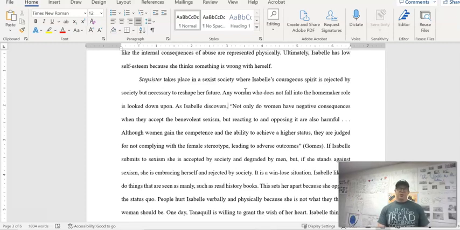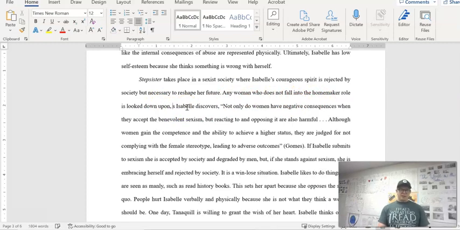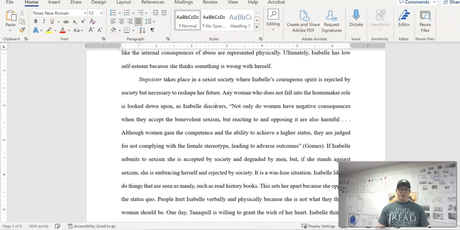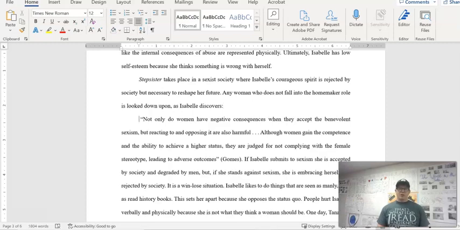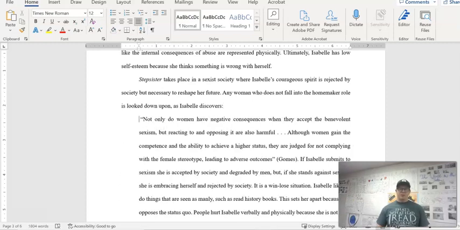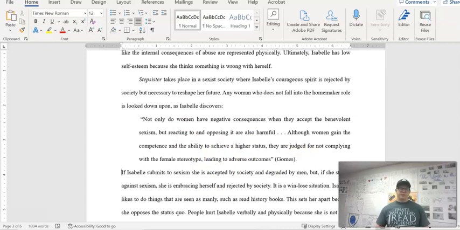then you need to do what's called a block quote. Let's see. I think you would combine this here. Any woman who does not fall into the homemaker role is looked down upon, as Isabel discovers. Then you can have a colon. You hit enter and you tab twice. All right, that's called a block quote.